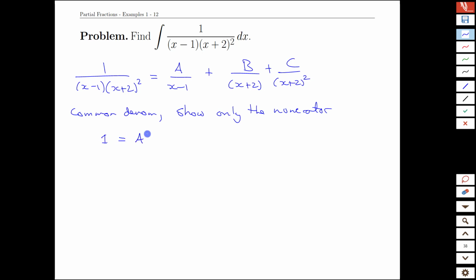On the right-hand side, we have a over x minus 1, but it's missing an x plus 2 squared, so we would have to multiply it top and bottom by x plus 2 squared. Then b is over x plus 2. It's missing an x minus 1, and it's missing another, or the second x plus 2, whereas c has both x plus 2's that we need, but it's missing the x minus 1.